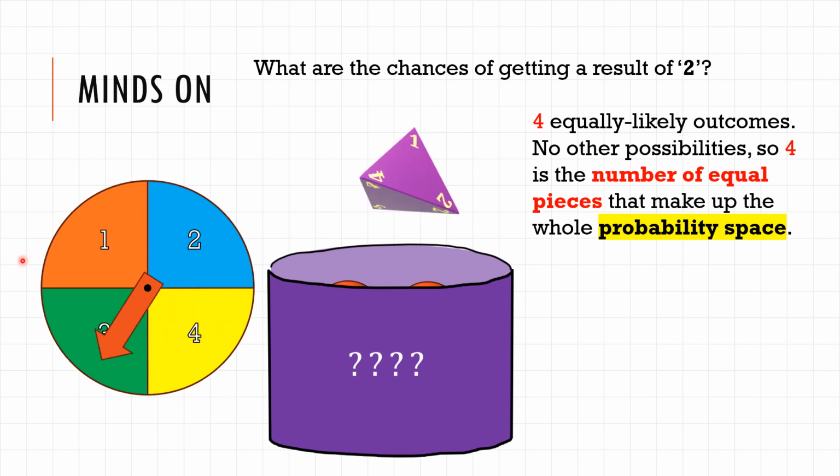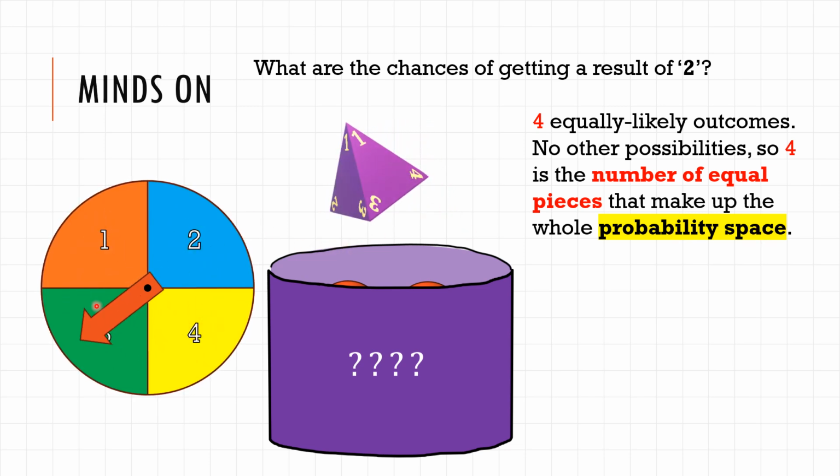Each of these numbers takes up the same amount of area of this probability wheel. And there are no other possible numbers that this arrow can land on. So we would call this a probability space. A probability space is the space where all the possibilities are accounted for.